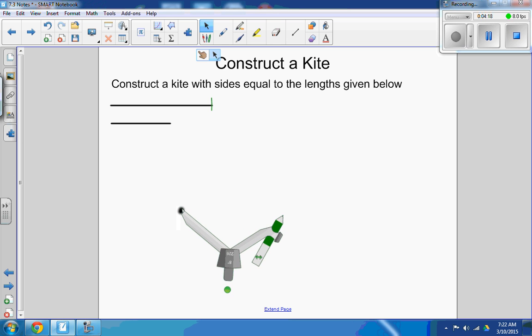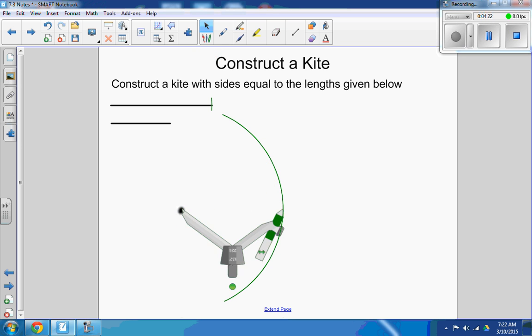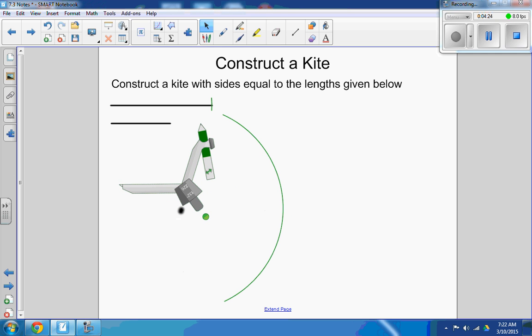And I'm going to make a big old arc. Now I'm going to choose at random two points on this arc, here and here. Now I know these segments, since they're radii, are congruent. So I've got the first part of the kite.